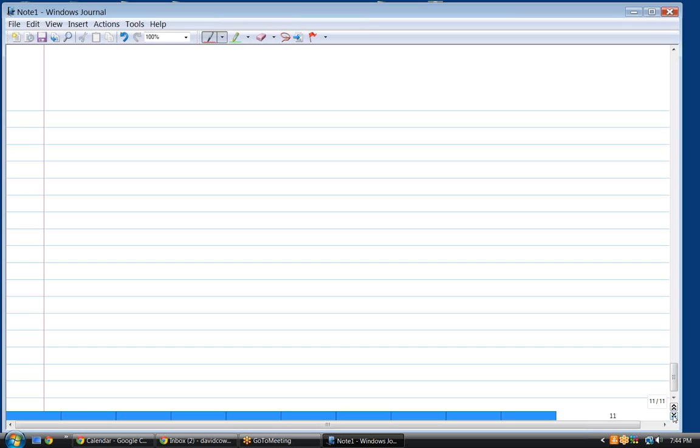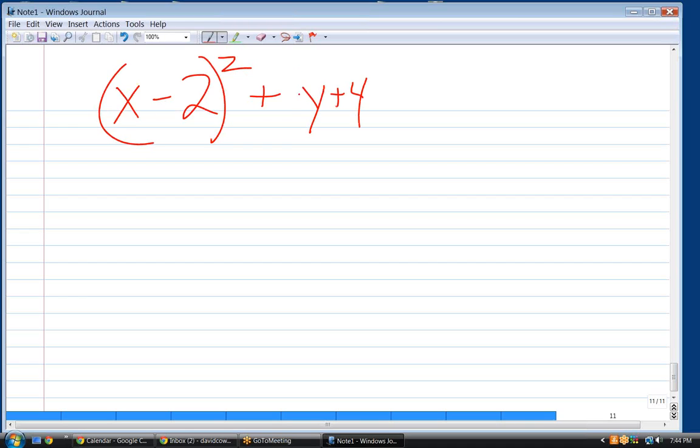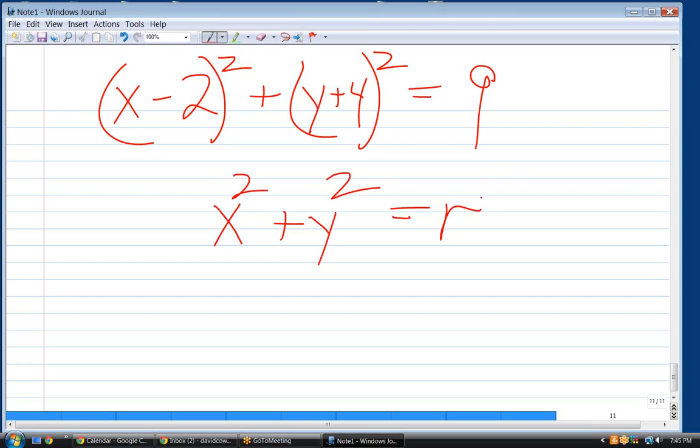Find the center and the radius of the circle. Okay. (x minus 2) squared plus (y plus 4) squared equals 9, and sketch its graph. When I said the equation of the circle was x squared plus y squared equals r squared, that's for a circle at the origin.